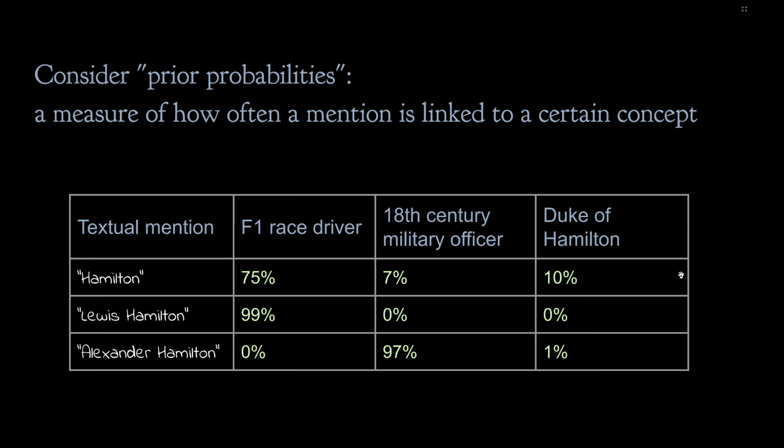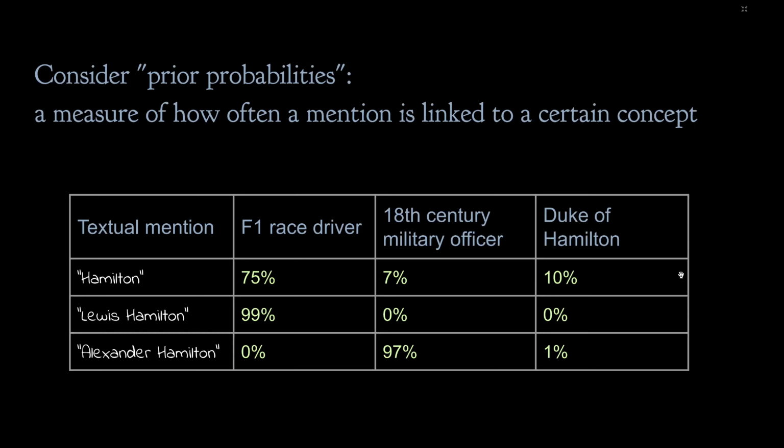The same thing happens with our Hamilton case. Let's say, for instance, we are looking at these Formula One articles. Well, then the textual mention Hamilton will most often link to this Formula One race driver. Let's say, just for argument's sake, that 75% of all of the cases link to this driver, maybe 7% really refer to the military officer, and another 10% to the Duke of Hamilton, something like this.